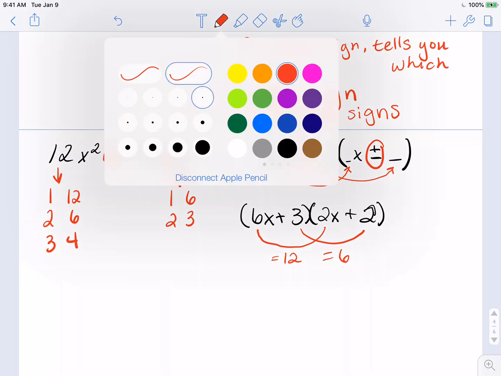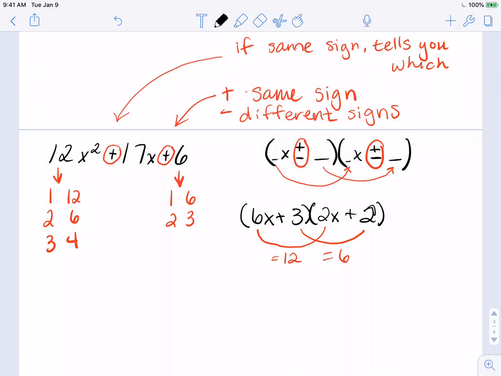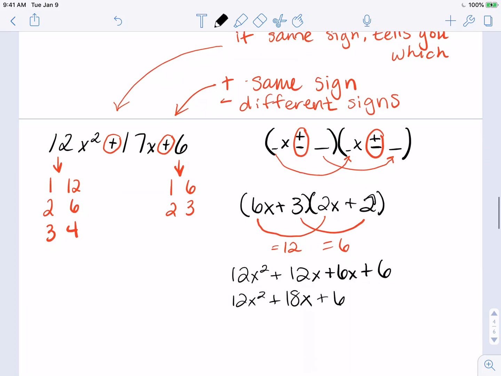Okay, now if we distribute, we get 12x squared plus 12x plus 6x plus 6. Okay, so that's 12x squared plus 18x plus 6. And that does not match our original trinomial.